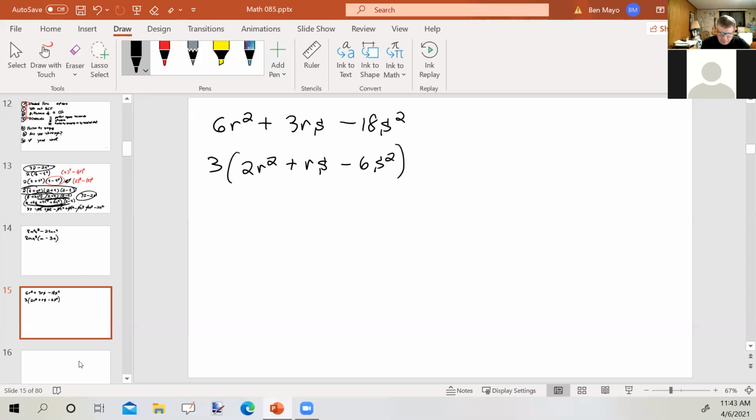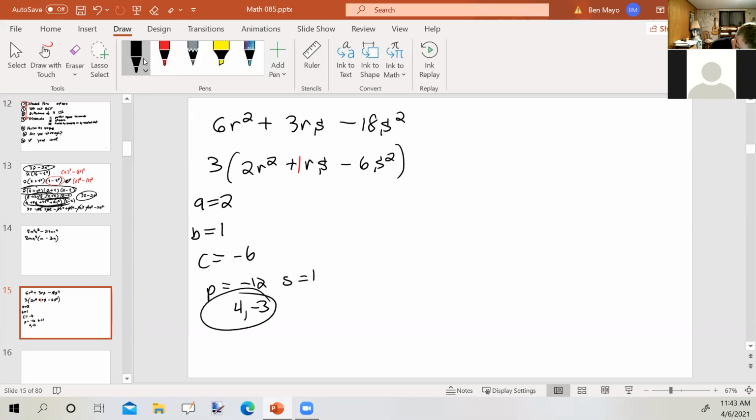Grouping. Okay. So a is 2, b is 1, right? Because there's an implied 1 coefficient in the front there. c is -6. The product is -12. The sum is 1. So 4 and -3. There's a product of -12 and a sum of 1.